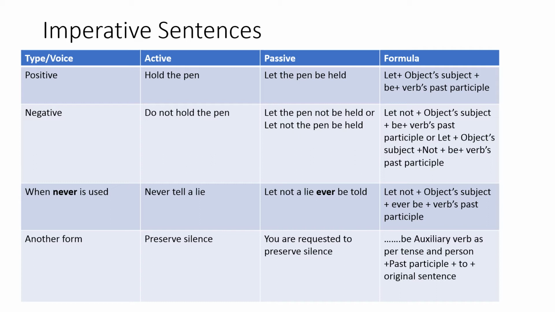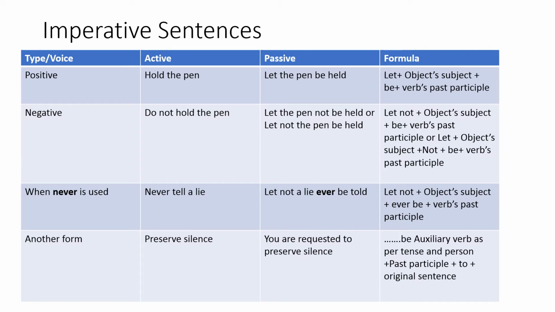Correct? If I give another example, like "Keep off your shoes," and we put it into my formula, it will be like that. You are advised or you are requested to keep off your shoes. So, "You are requested to keep off your shoes," isn't it? According to the formula, that's correct.